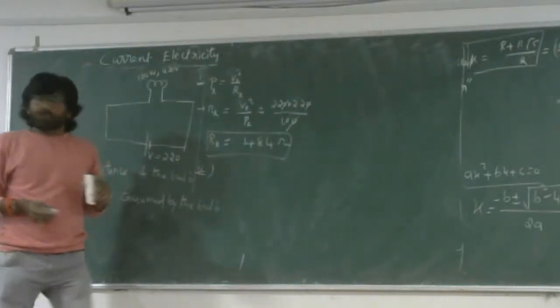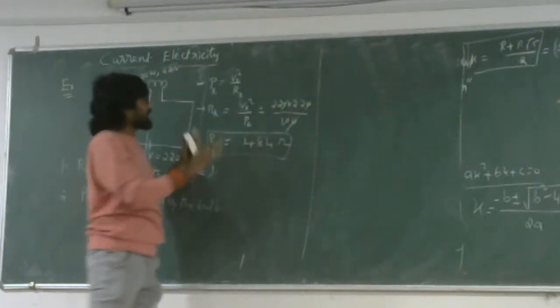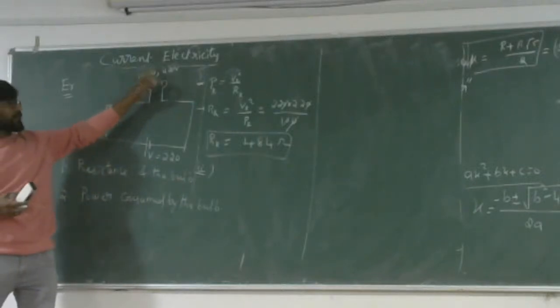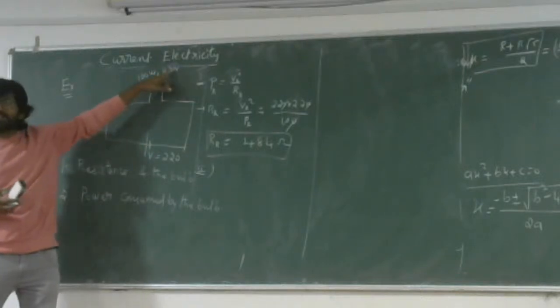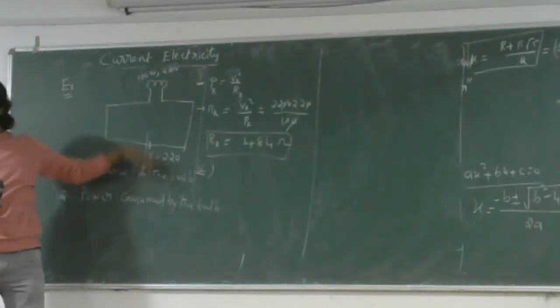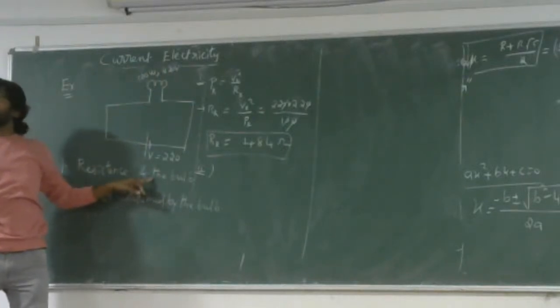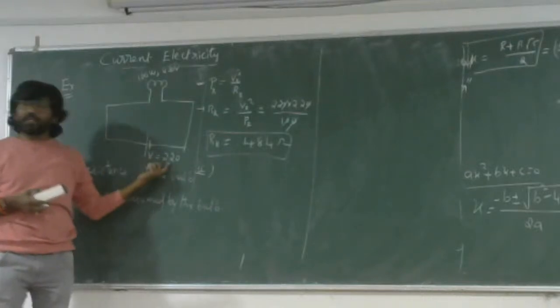To calculate the consumed power, you know the rated power and rated voltage, and here is one more voltage. What is this voltage and what is that voltage? This is the rated voltage, and this is the line voltage or mains voltage, the supply voltage.